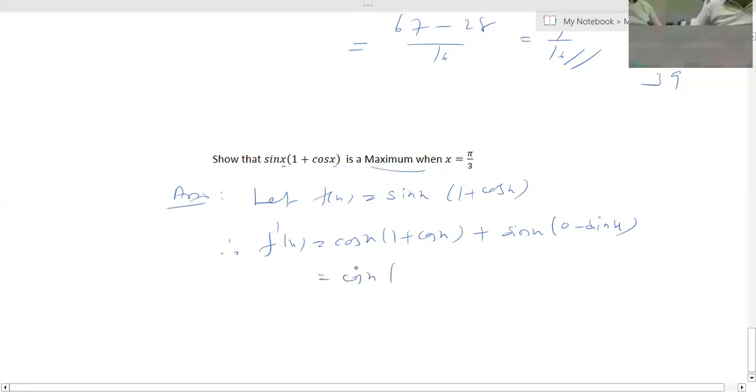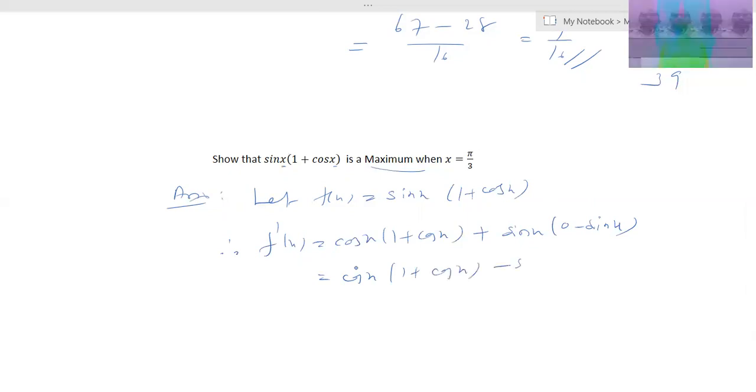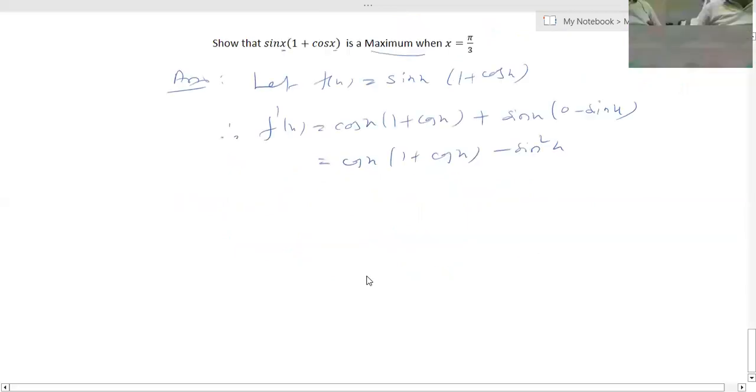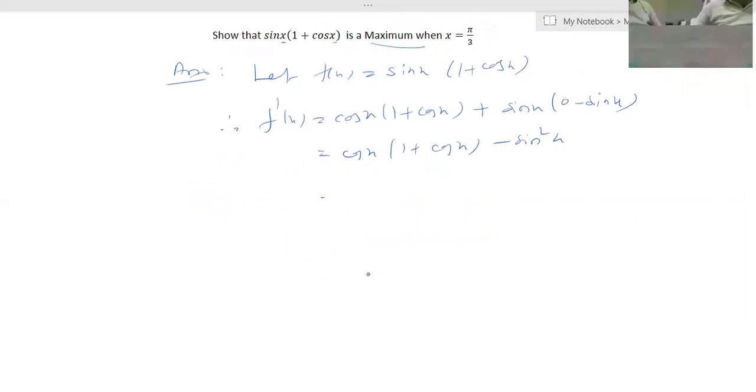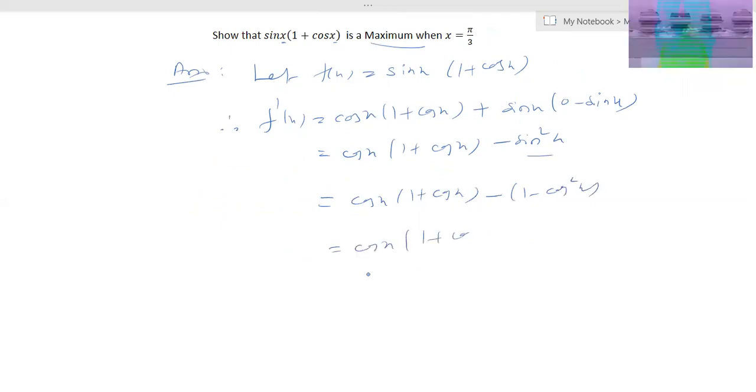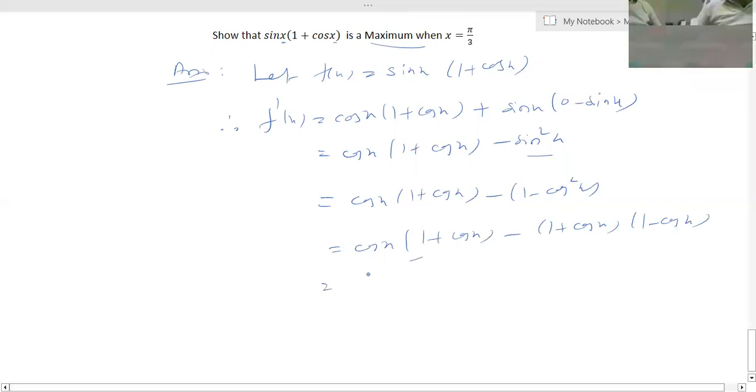Simplifying this, we get cos x times 1 plus cos x minus sin square x. Because we need the roots, it is better to simplify the expression. Sin square x equal to 1 minus cos square x. Cos x times 1 plus cos x minus of, this is written as 1 plus cos x into 1 minus cos x, because a square minus b square equal to a minus b into a plus b. 1 plus cos x is a common factor in both terms.